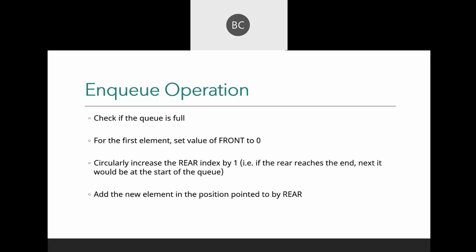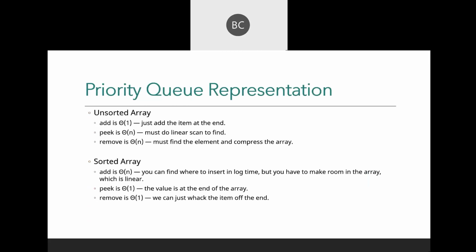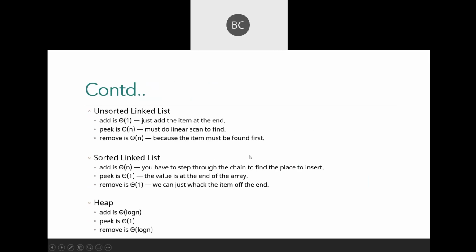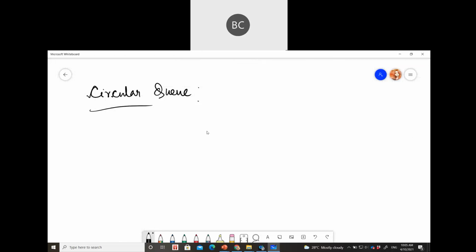Next is the entry process, means how to add an item. As you already know, a normal queue looks like this.